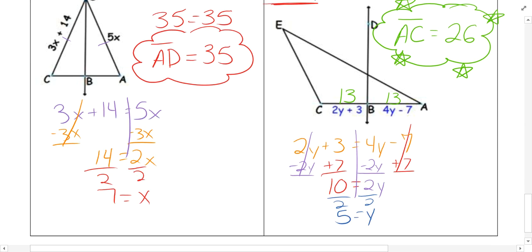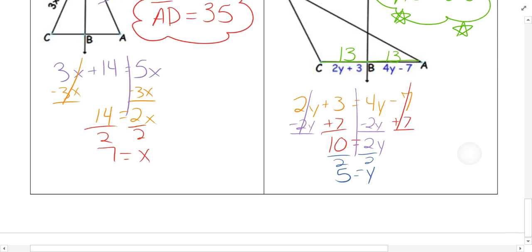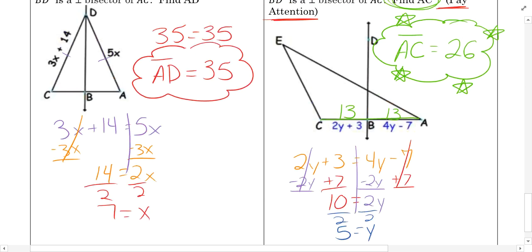We solve, we got y equals 5, and when you plug that in, each line segment is equal to 13. However, the question says to find AC, which is that entire bottom length of the triangle, so I have to add those two sections together, and side AC is equal to 26. That's the end of these notes.